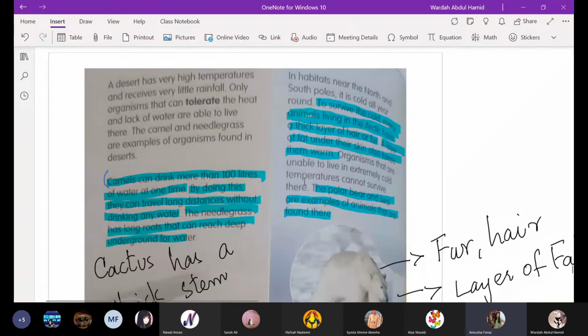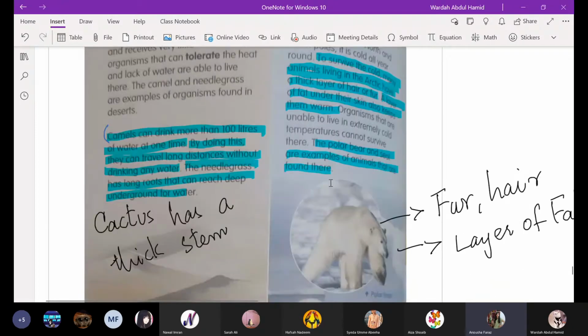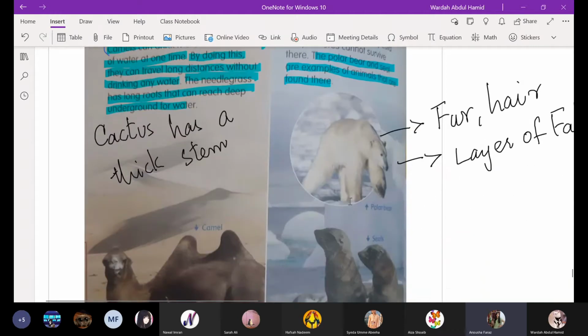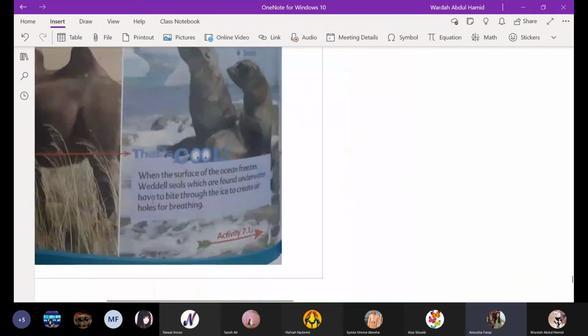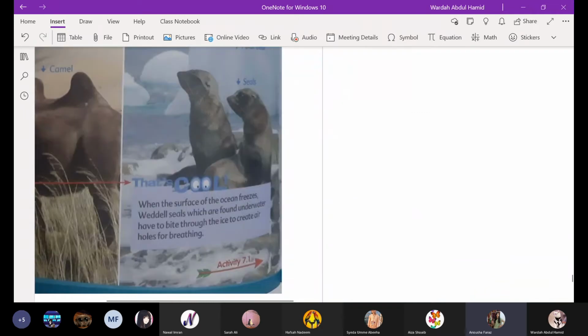Organisms that are unable to live in extremely cold temperatures cannot survive there. The polar bear and seal are examples of animals that are found there. When the surface of the ocean freezes, Weddell seals, which are found underwater, have to bite through the ice to create air holes for breathing.